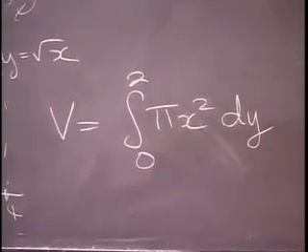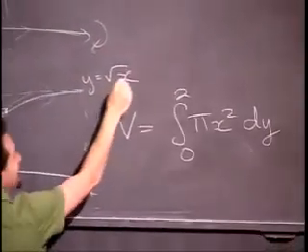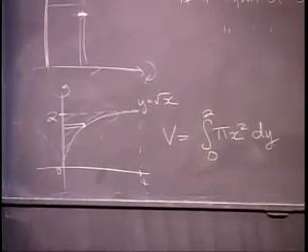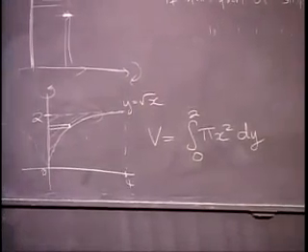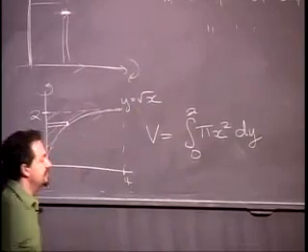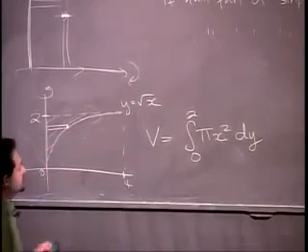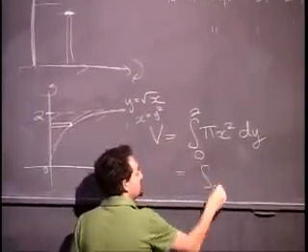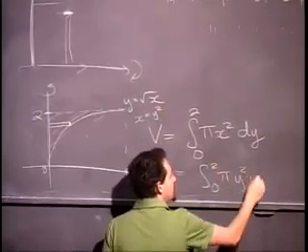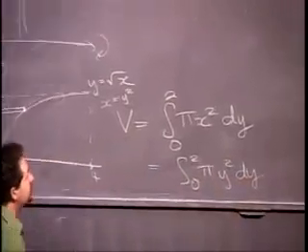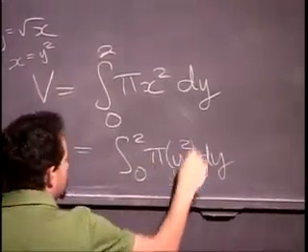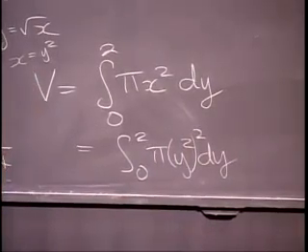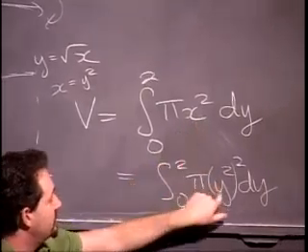Now, in order to find this integral, I actually need to know x as a function of y. You could actually do a substitution if you wanted and work out what dy was and convert everything to x-land. That's kind of cool that it works, but in this case I would just say, hey, x is equal to y squared, and so this integral is pi times y squared all squared dy, because x equals y squared, and therefore x squared is y to the 4th.